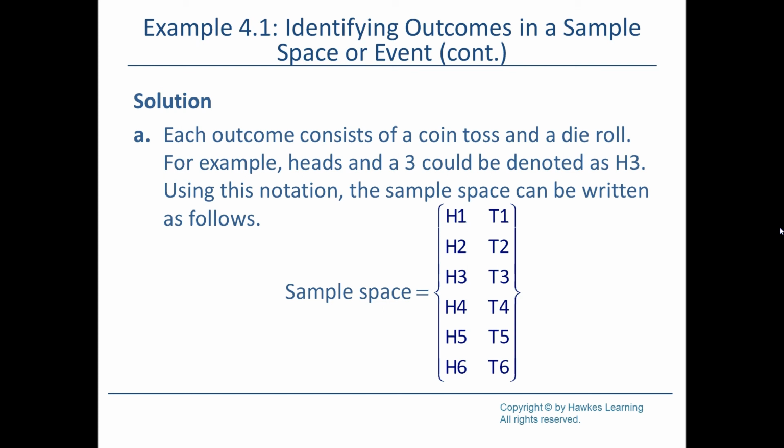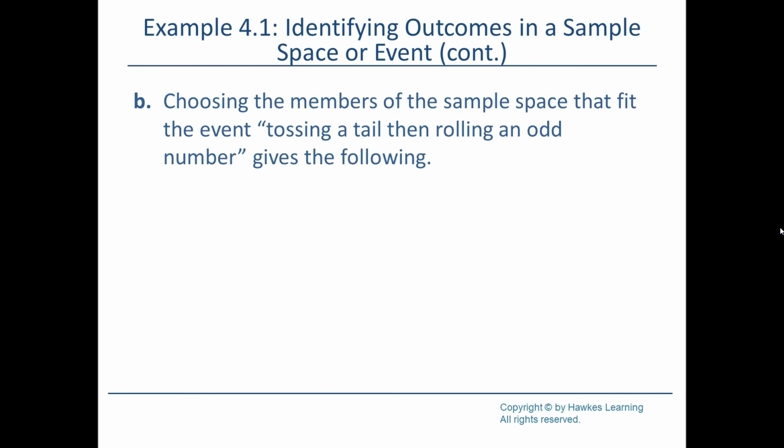And the set of those 12 possible outcomes is going to be the sample space. You can get a head and then a 1, a head and then a 2, a head then a 3, dot, dot, dot, a tail, then a 5, then a tail and a 6. It's 2 times 6 possible outcomes. So the sample space is just those 12 possible outcomes.